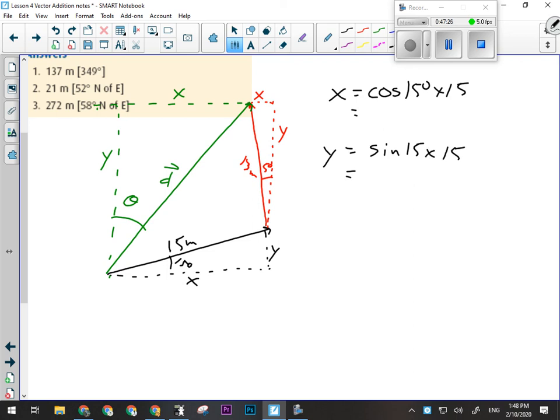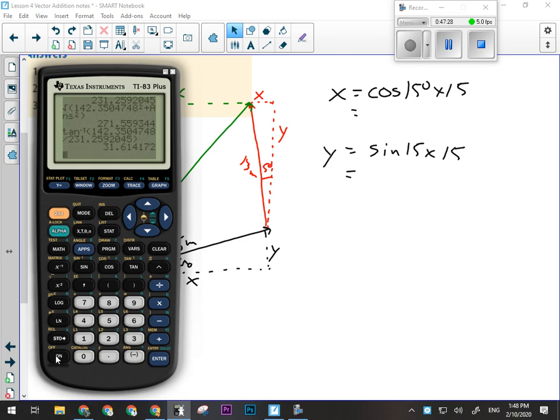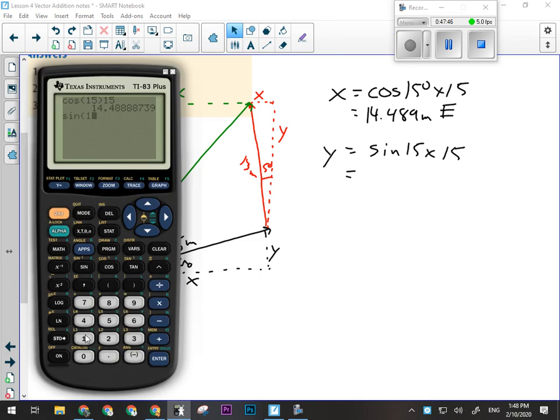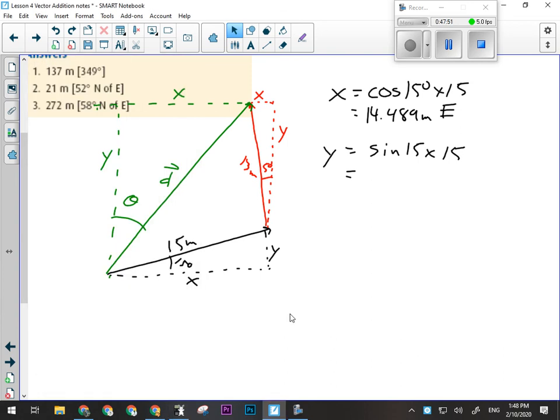Cos of 15 times 15 is 14.489 meters, and that is east. For Y, the sine of 15 times 15 gives us 3.882 meters, and that's north.